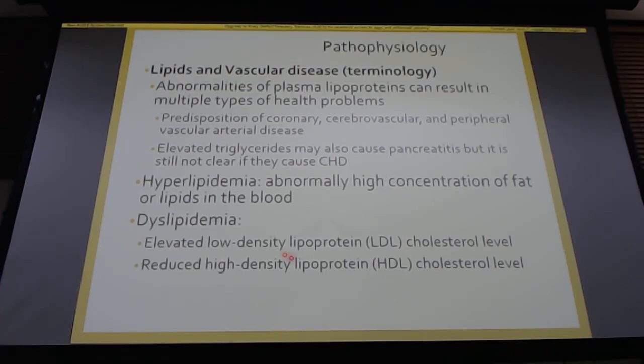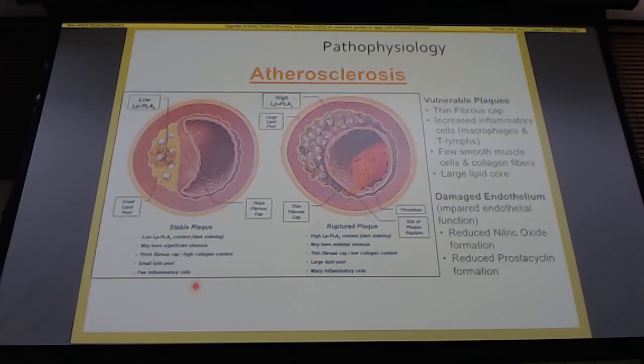So you have elevated LDLs, or you could have too low of an HDL. There's just some type of imbalance going on. So hyperlipidemia and dyslipidemia are kind of two different things, but people will say either of them, just so you're tracking when you hear about it.